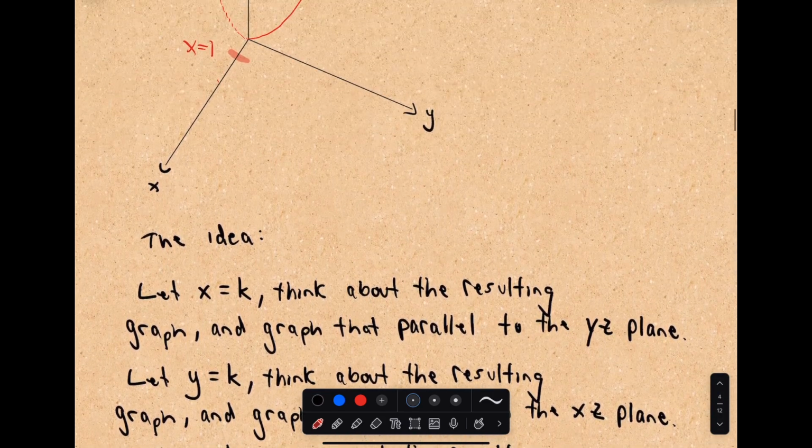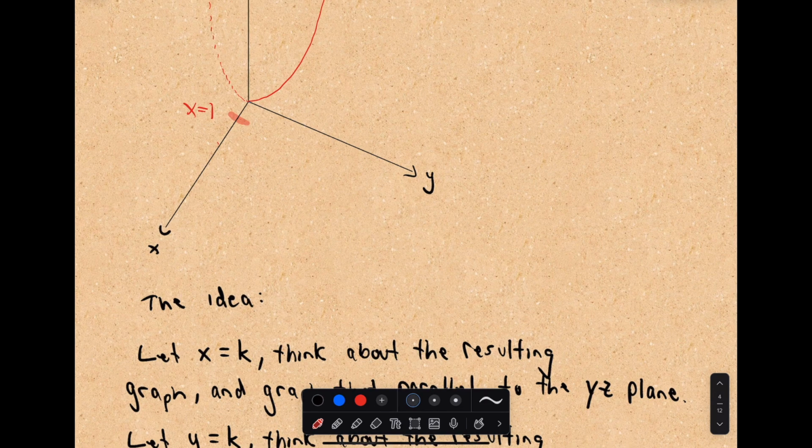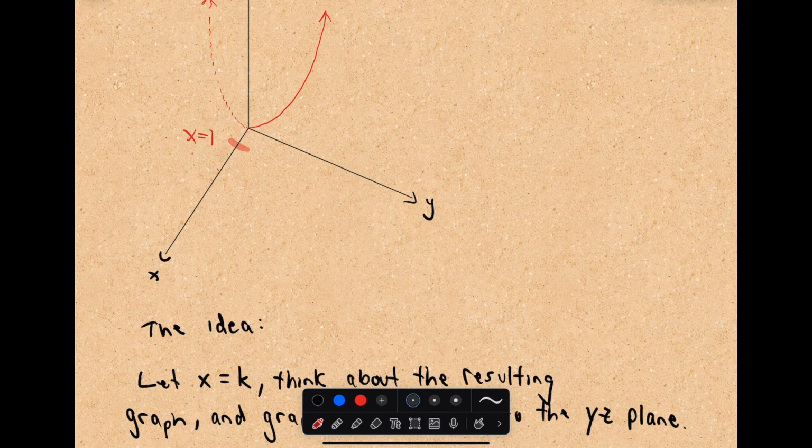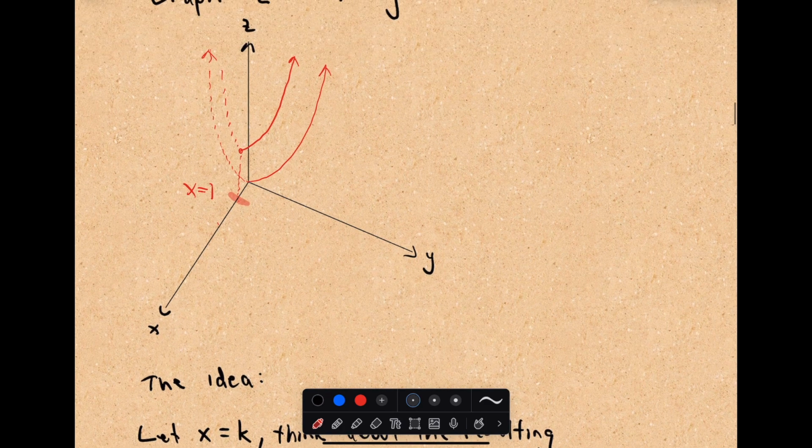So what that would do is just shift my parabola up, and it's still going to be parallel to this yz plane, but it's going to be shifted up 4 units. I'll make that one dashed. I'm just going to get another parabola that's been shifted up, but sort of pulled out towards us a little bit, if you imagine, corresponding to the plane x equals 1, still parallel to that yz plane.